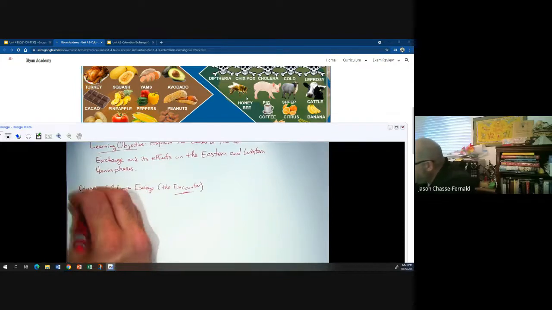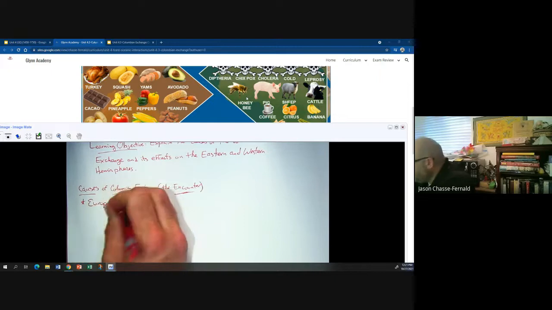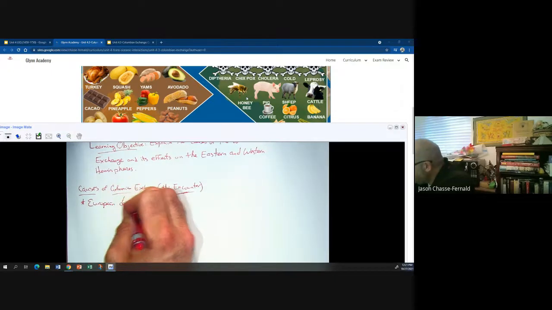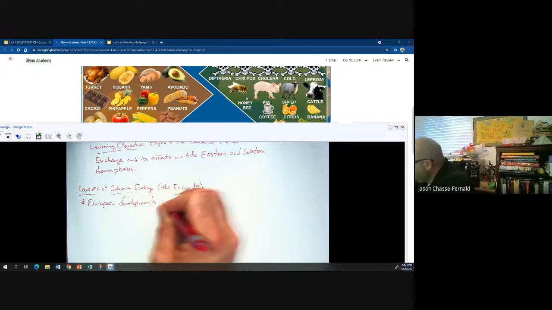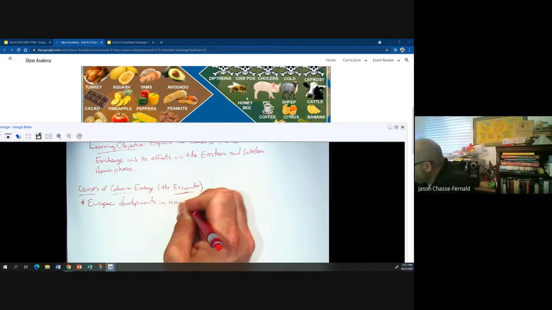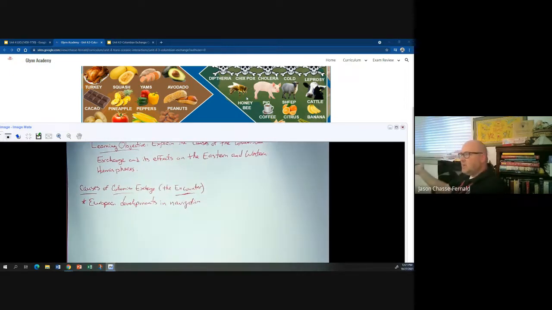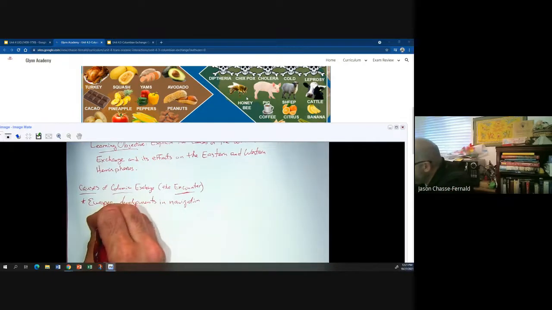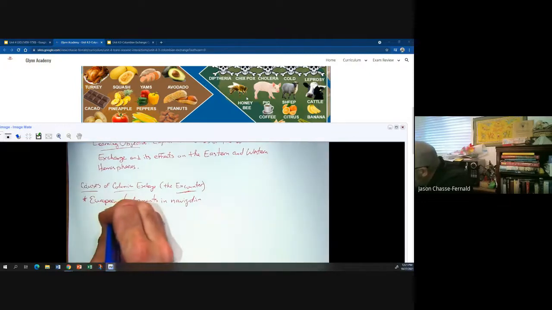All right, so European developments in navigation. One of the primary causes of the Columbian exchange was European developments in navigation. And what kind of evidence could we use to support that?